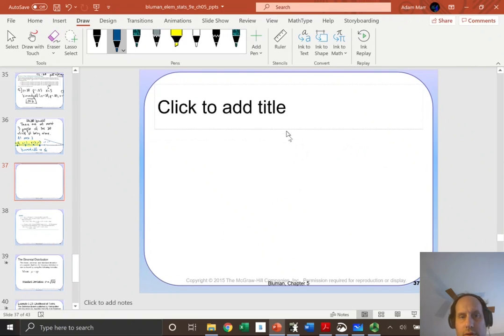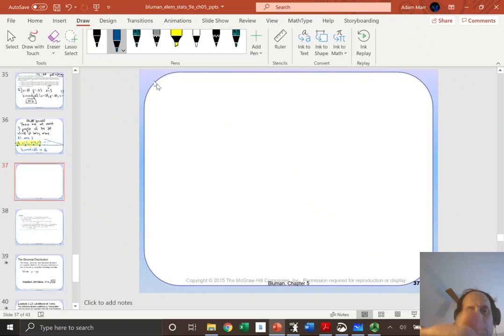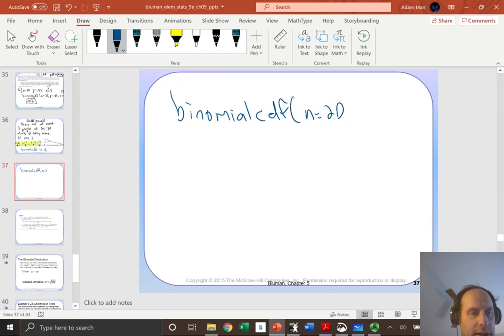let me get rid of this real quick. We would actually just say binomial CDF. My n is still going to equal 20. My p is still going to equal 0.05. But remember, if you look in context of this number line, sorry about that terrible line, my fault.